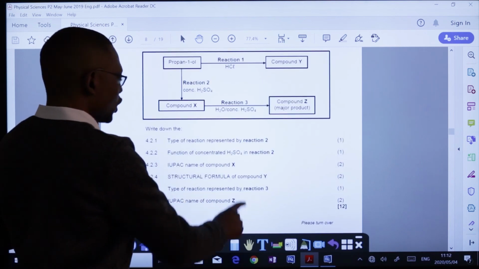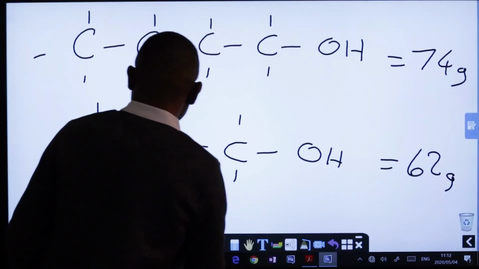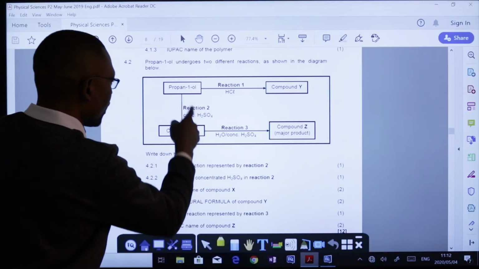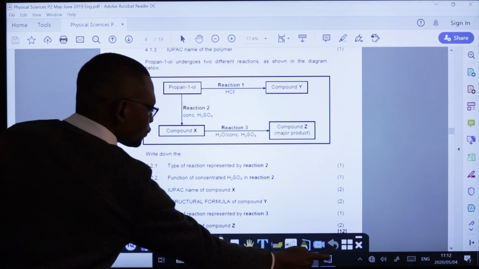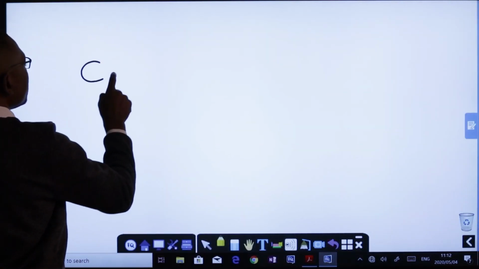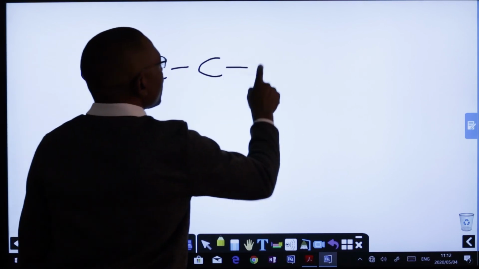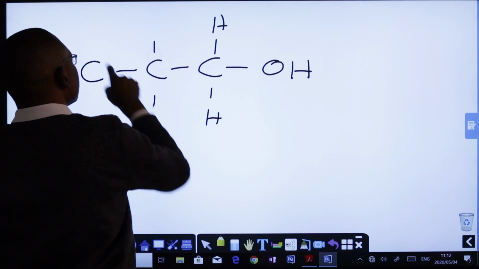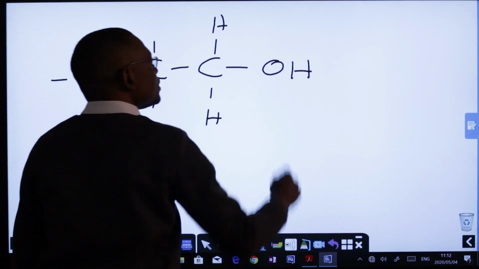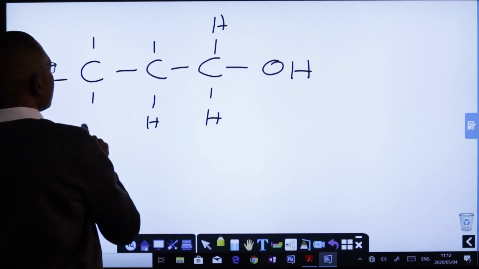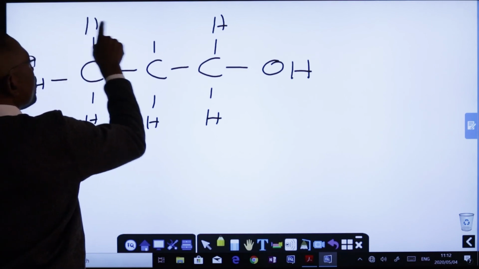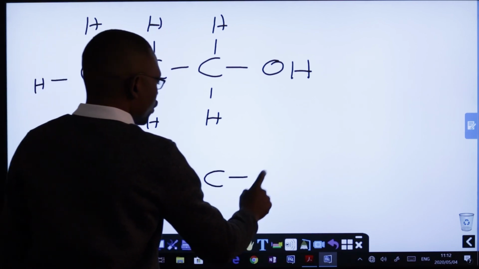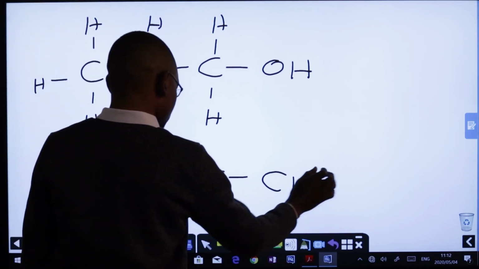So the structural formula of this compound is going to be, so remember initially it was propan-1-ol, like this, and if we take this through substitution, where we replace the OH with a chlorine, it's going to be a chloropropane like this.